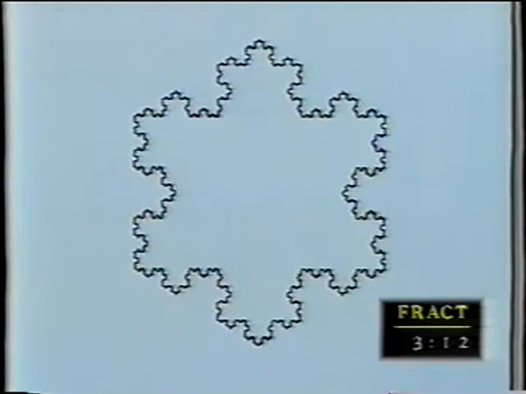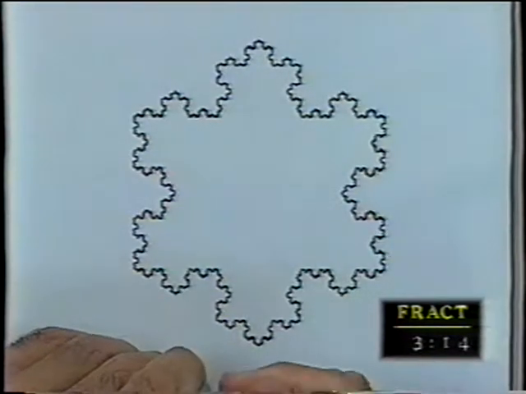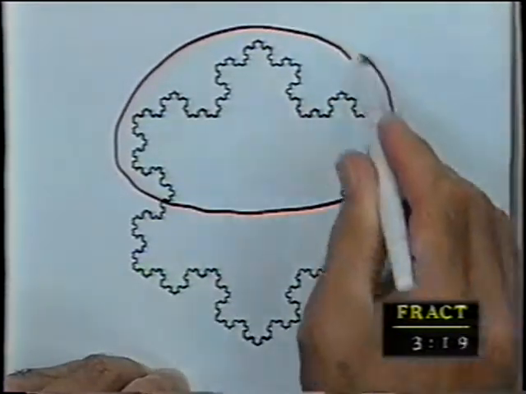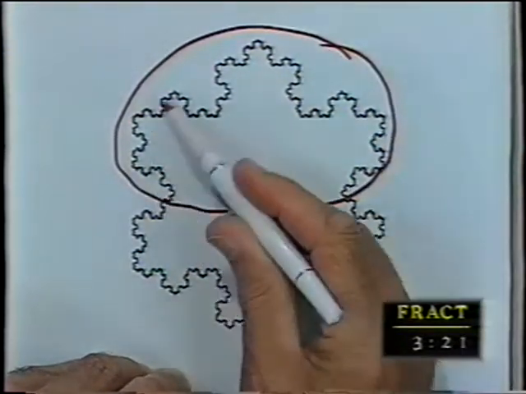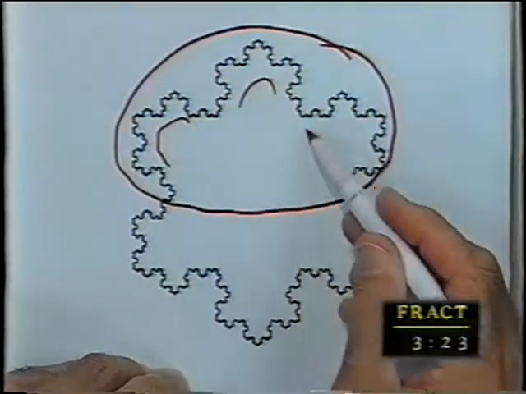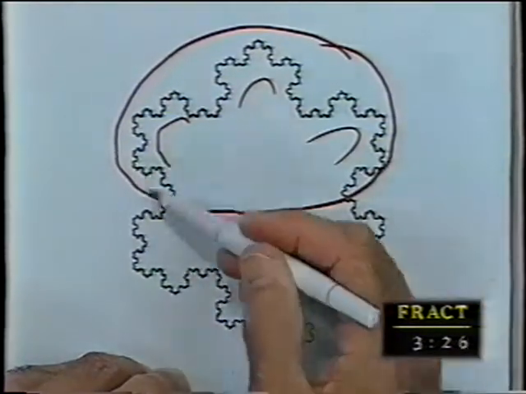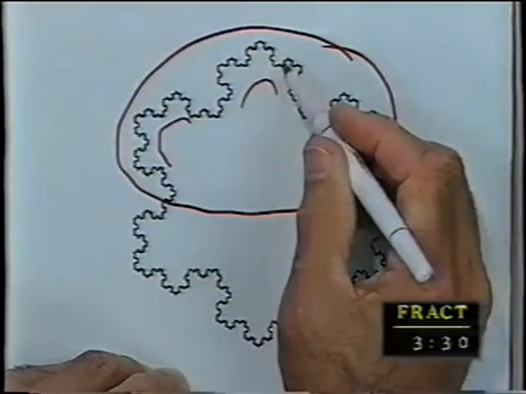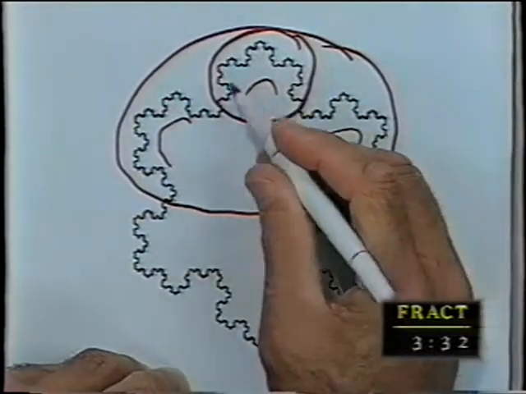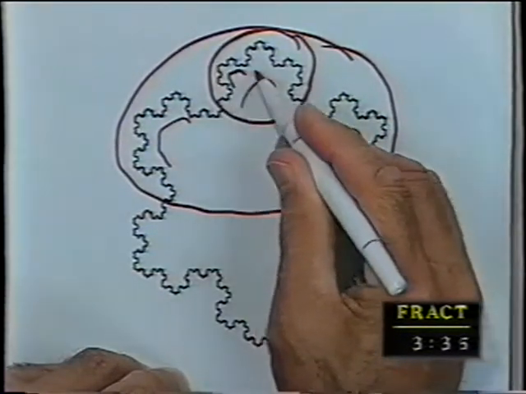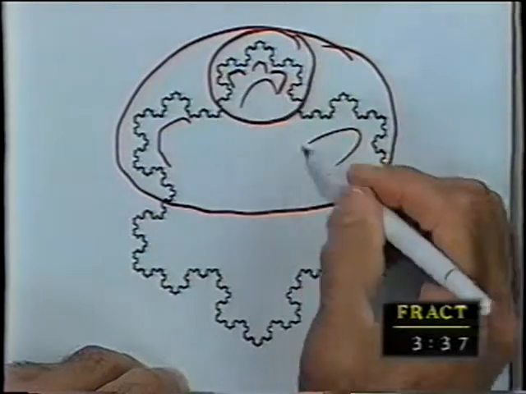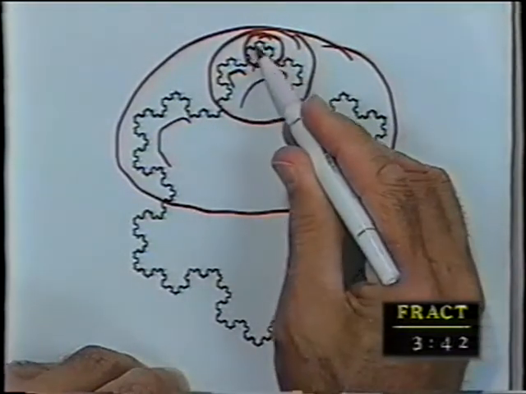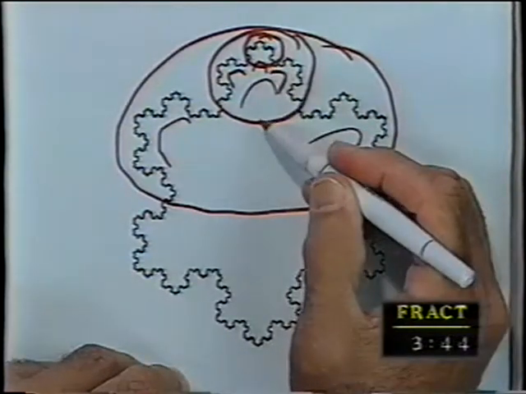Well, first of all, what about this self-similarity thing we talked about? If I look at this here, I see three main bumps protruding and a lot of little jiggles on it. That's the general picture. All right, let's look at a piece of it, this piece. What do I see? I see three main bumps with jiggles on the inside. Oh, well, let's look at this piece. What do I see? I see three main bumps with jiggles on the inside.